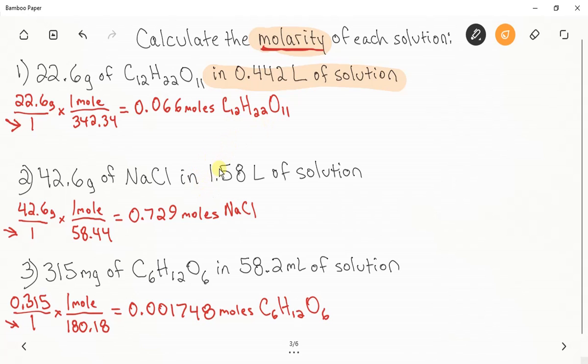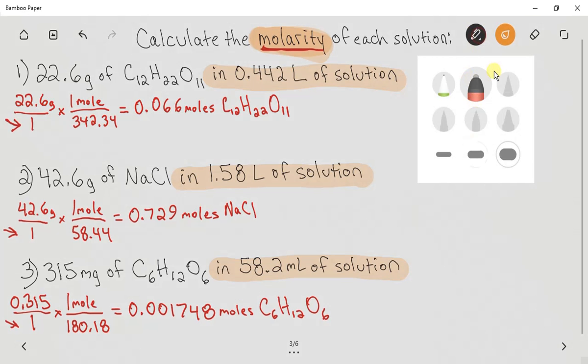And in problem number 2, we still have 42.6 grams of sodium chloride, but now we have it in 1.58 liters of solution. And in number 3, we still have 315 milligrams of C6H12O6, but now we have the additional detail: in 58.2 milliliters of solution. So now that we know how much of the solution we have, now we can find the molarity.